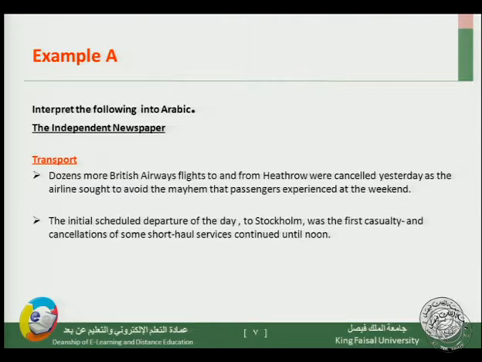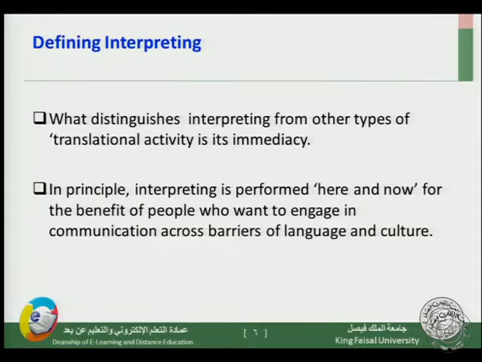Okay, I'll give you an example now. What we said here is that what makes interpreting different from other types of translation is its immediacy and its here and now.